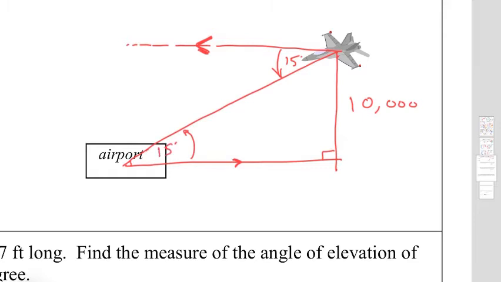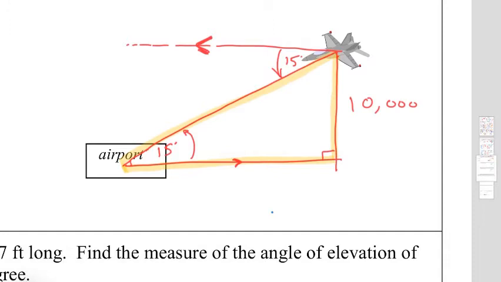That's important because I now have that same information here for this right triangle. I have an angle measurement of 15, or in other words, I have the angle of reference.